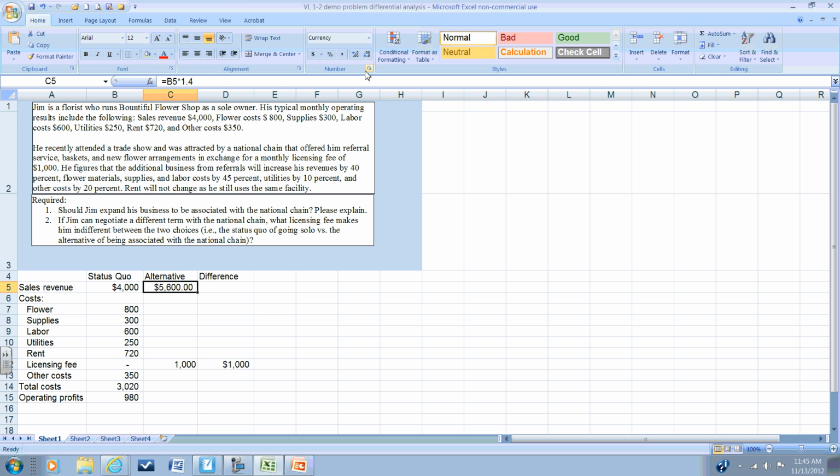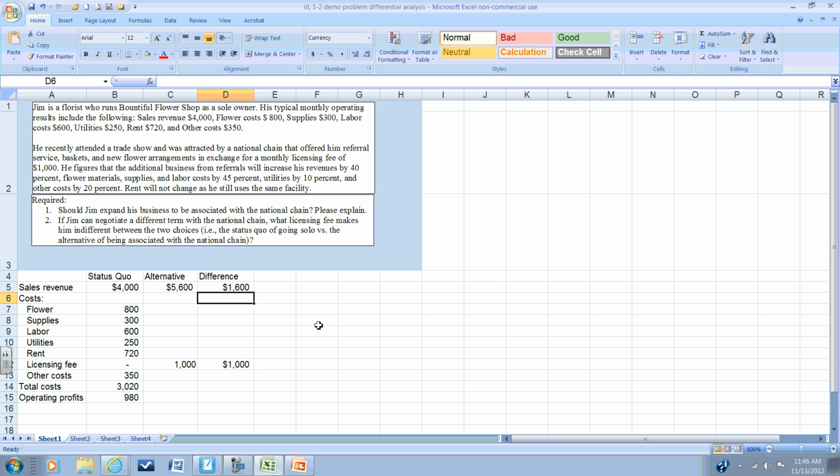And we project his revenue to be $5,600. And of course, that's a difference of $1,600. Well, if that was the only difference in cost, obviously the increase in revenue would offset the licensing fee.